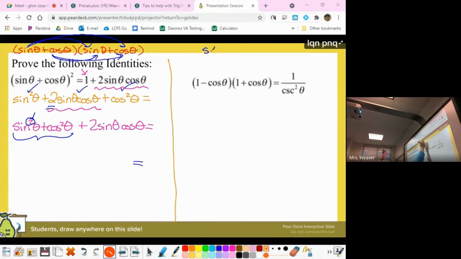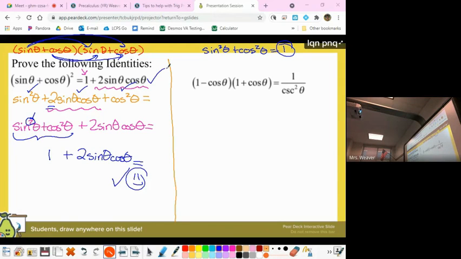The one with sine squared theta says sine squared theta plus cosine squared theta equals 1. And what do we have? Sine squared theta plus cosine squared theta. So we can substitute in 1 plus the 2 sine theta cosine theta we already had. And we did it. We got what they wanted us to prove.